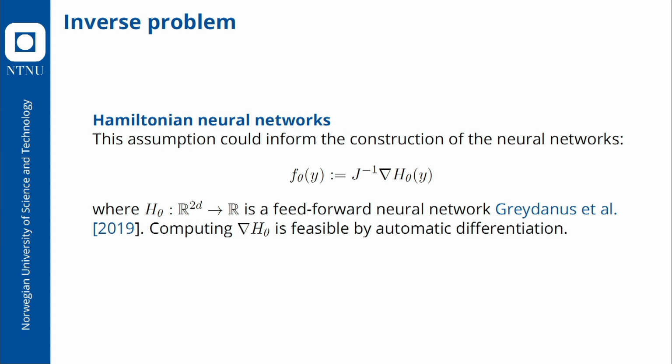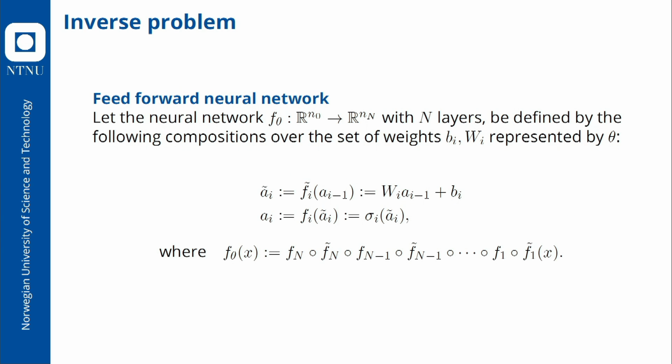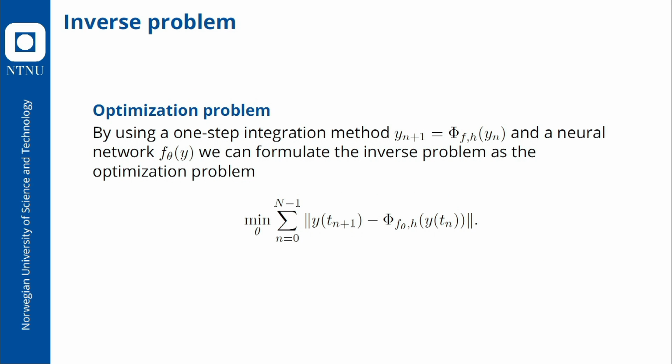And we can compute the gradient by automatic differentiation. And these are the neural networks we use. They're standard feed-forward neural networks, which are a combination of affine and element-wise nonlinear transformations. So nothing really interesting here.